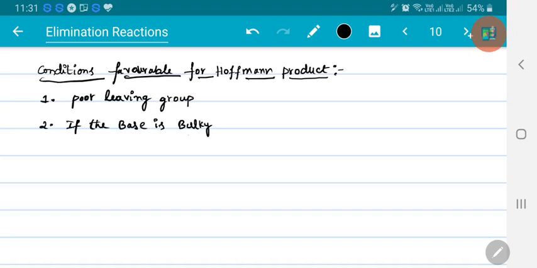when the base is bulky, it always approaches the less hindered carbon. And another condition: generally it occurs in the case of quaternary ammonium salts.